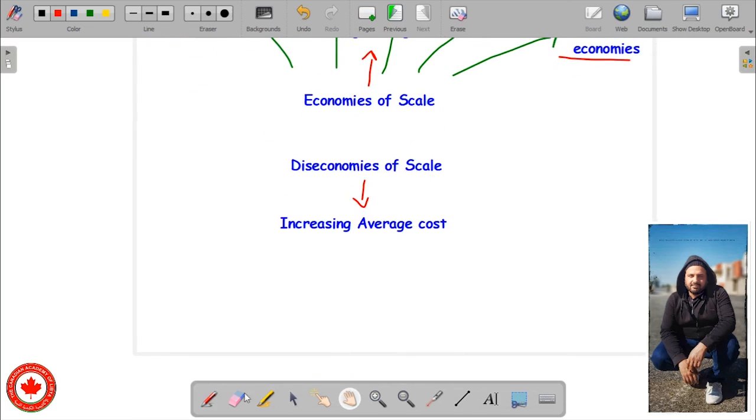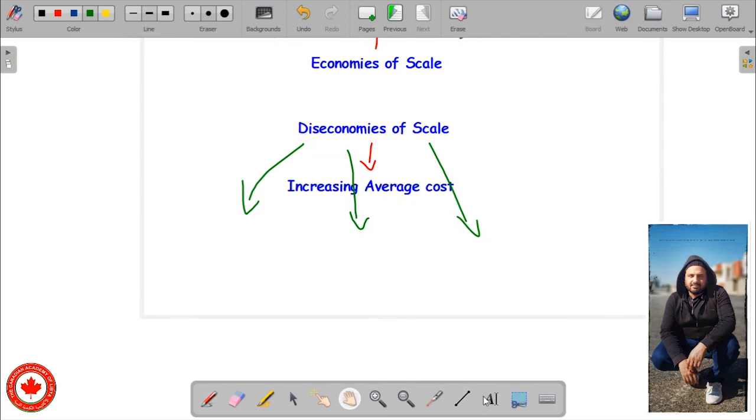As for diseconomies of scale, there are three of them, as mentioned. Number 1, poor communication.